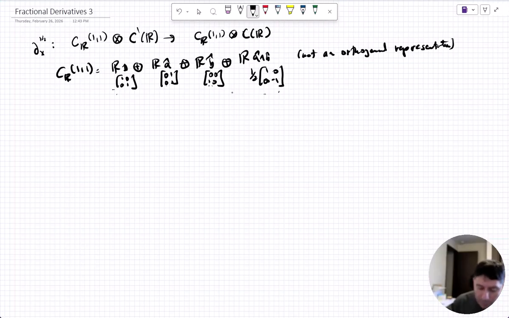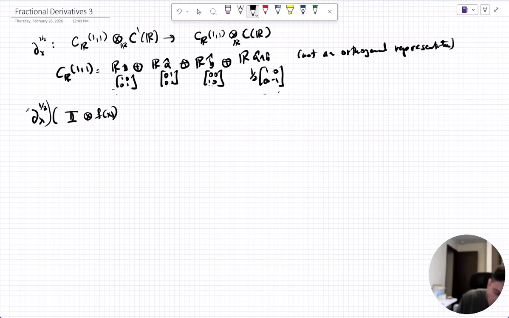So anyways, what we did is we calculated the derivative operator on a differentiable function. The differentiable function in our extension of scalars setting is going to be equal to the identity matrix tensor the function itself, right?